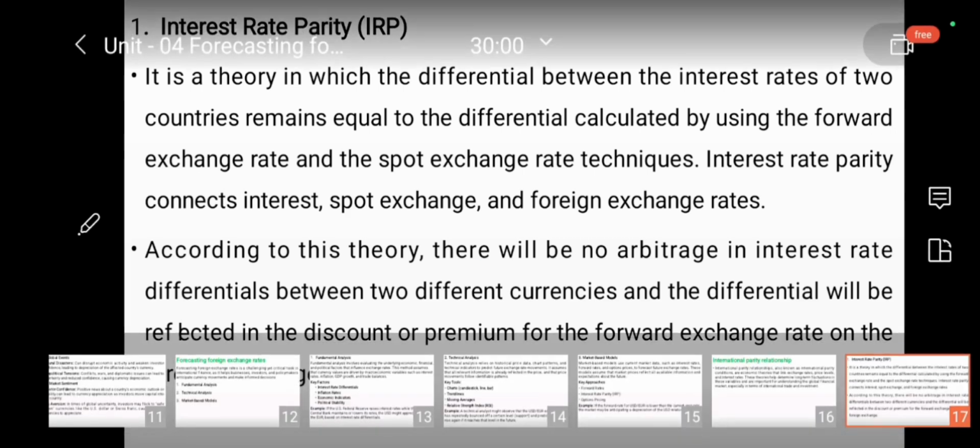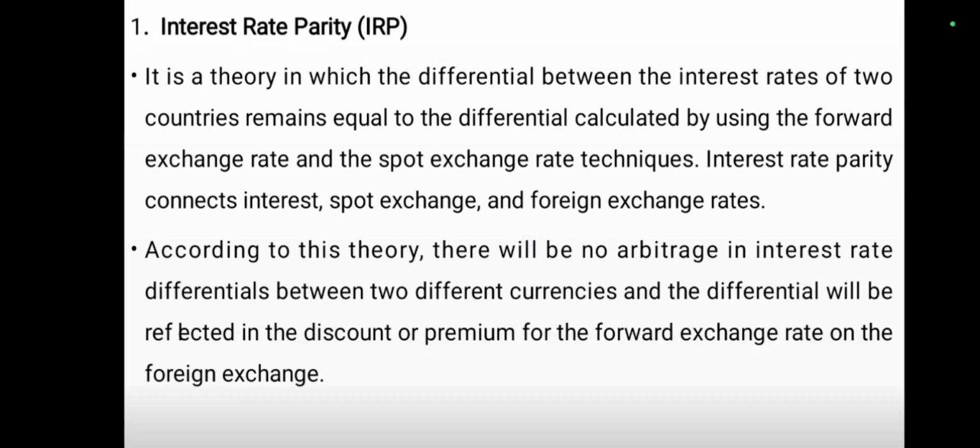Take for example, the best example I can give: in India, if the interest rate is 15%, and in the US the interest rate is 10%, India has an increase of 5%.